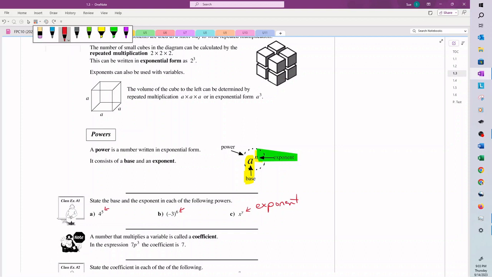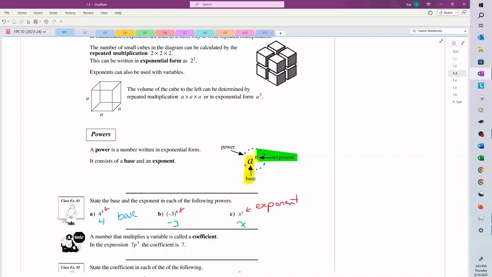Microsoft updated this over the summer and they improved it, made it terrible. So the base is 4. Doing this in blue. The base for this one is -3, and that's really important because in this one we're actually multiplying -3 times -3 times -3 6 times. And here the base is x.